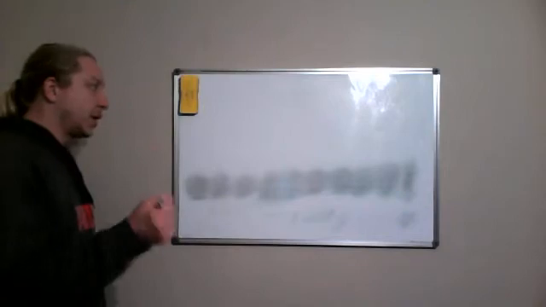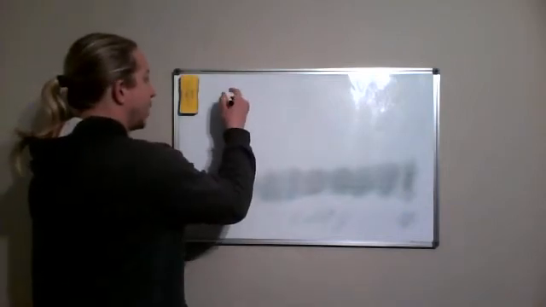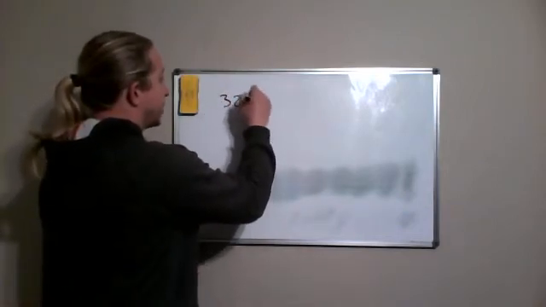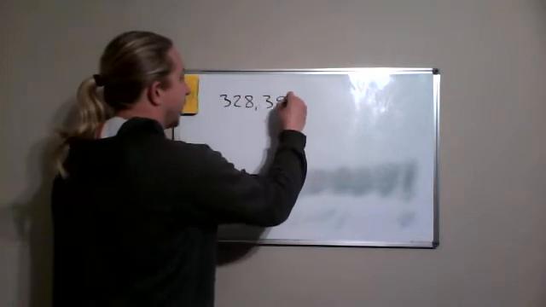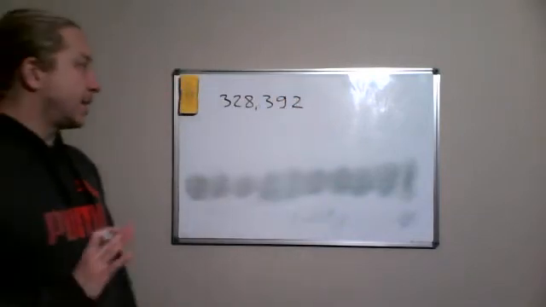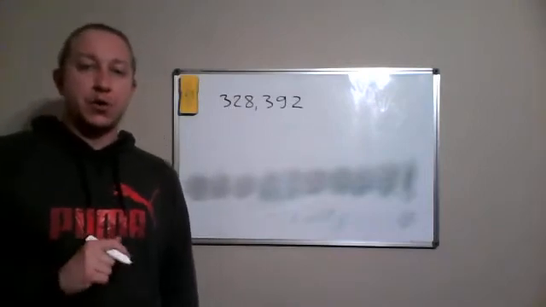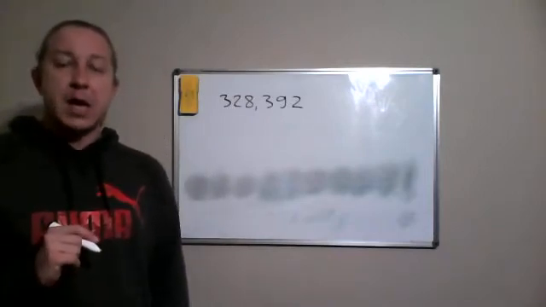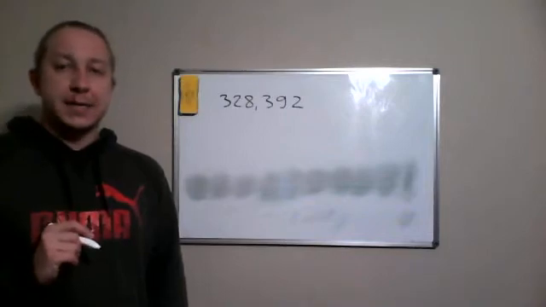I'm going to give you another example of rounding off, but remember, rounding off always works the same way. Let's say we have the number 328.392, and I ask you to round off to one decimal place.